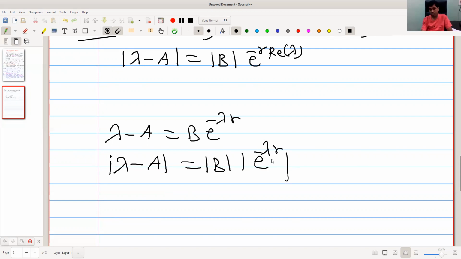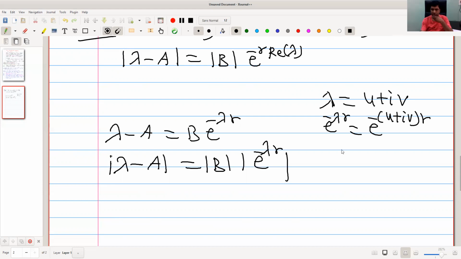For a complex number lambda equal to u plus iv, e raised to minus lambda r equals e raised to minus (u plus iv) r, which is e raised to minus ur times (cos of minus vr plus i times sine of minus vr).